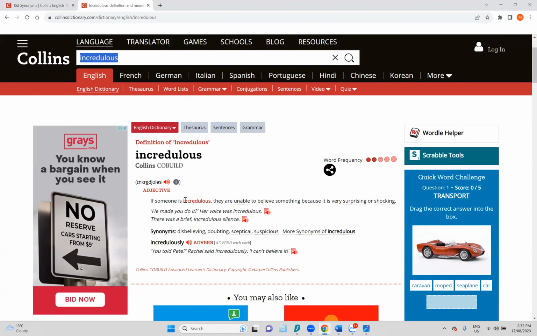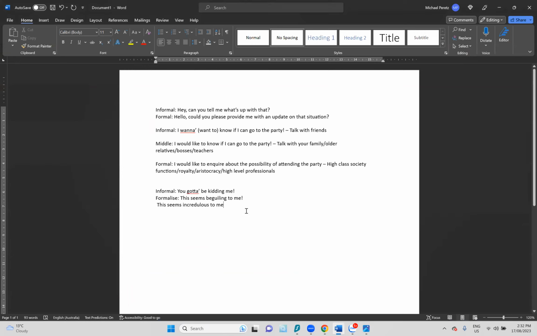If someone is incredulous, they are unable to believe something because it is very surprising or shocking. So that word can definitely work. This seems incredulous to me. You've got to be kidding me. I can't believe this. And then let's check beguiling.